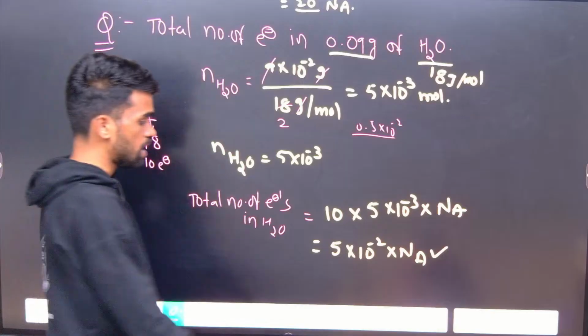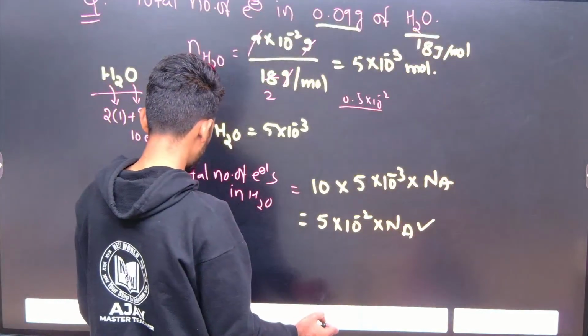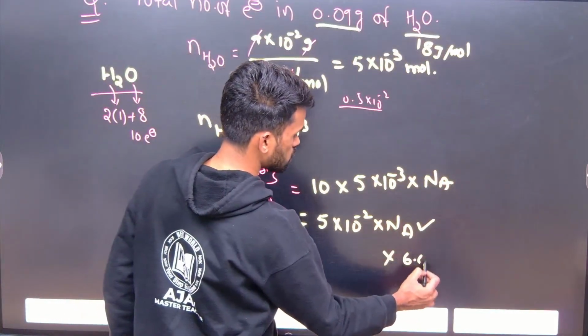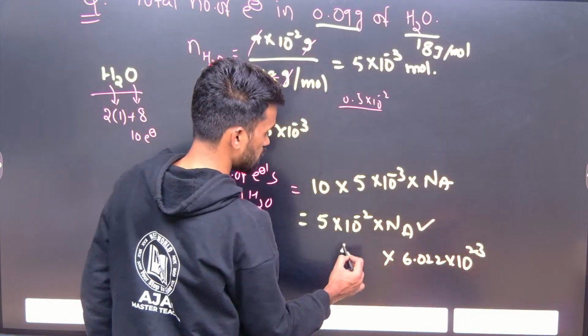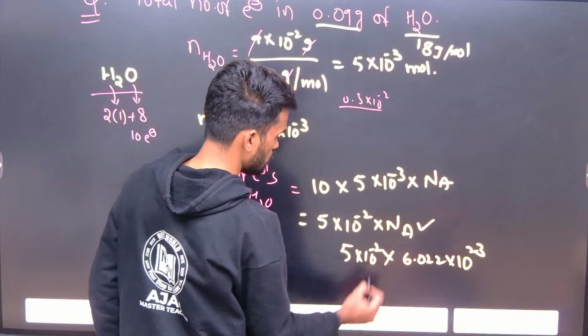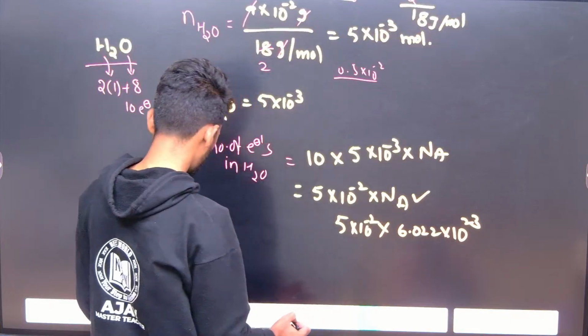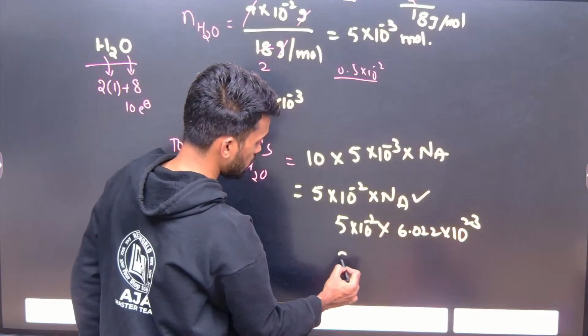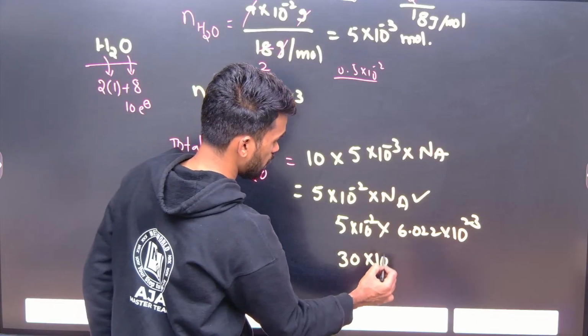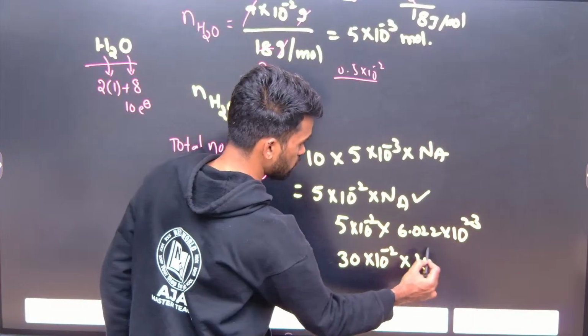If they ask you in numbers, you can put it as 6.022 into 10 power 23. Here it is 5 into 10 power minus 2. So 5 times 6 is 30 into 10 power minus 2 into 10 power 23.